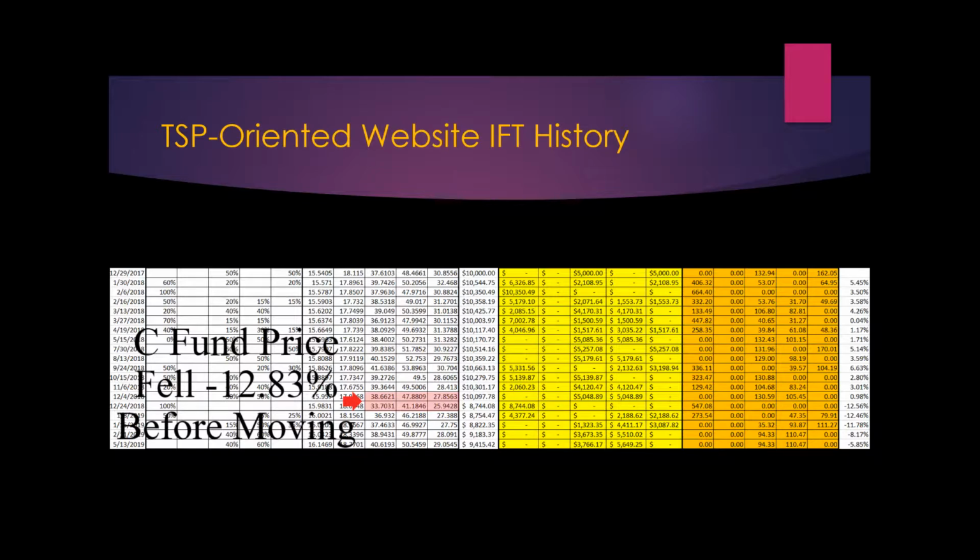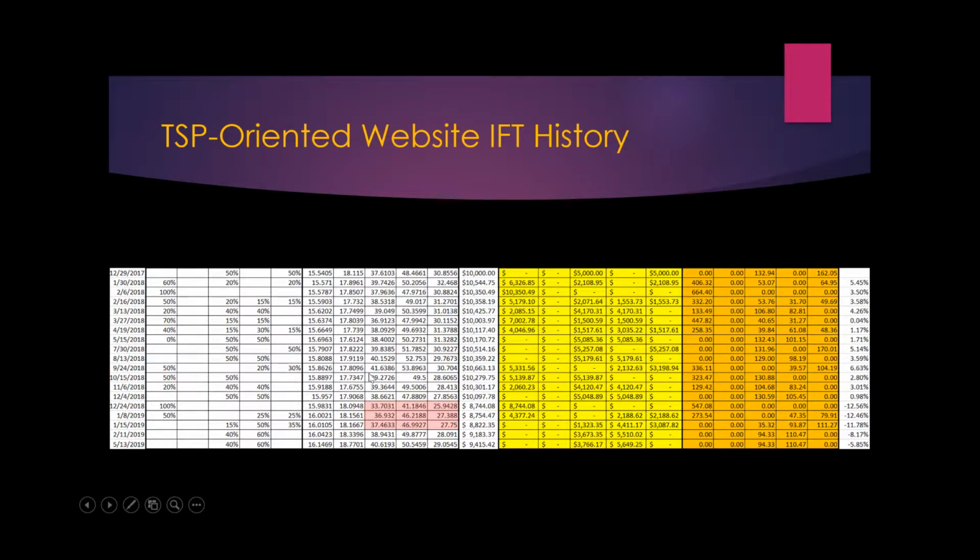So this is one of the downfalls of watching your account balance too much and worrying about how much money you're losing. You should be focused more on how many more shares you can buy back if you're going to move at all. Again, so bad move here. How much more did the C fund fall, or what did they get out of the next move?